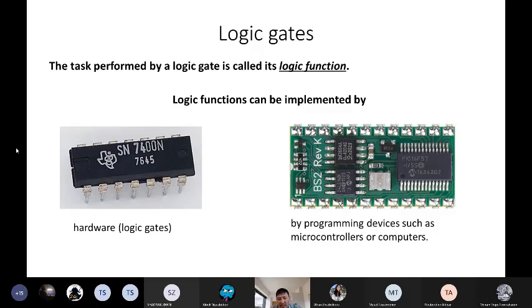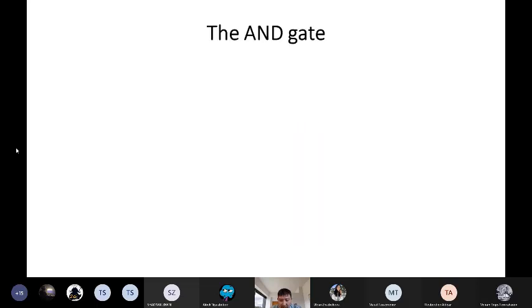I guess you will have another course, embedded systems, where you will use microcontrollers, and I hope you will study embedded systems after this course. But you can also do it by computers, for example, using a programming language such as Python or C++. Actually you can perform some logic functions.